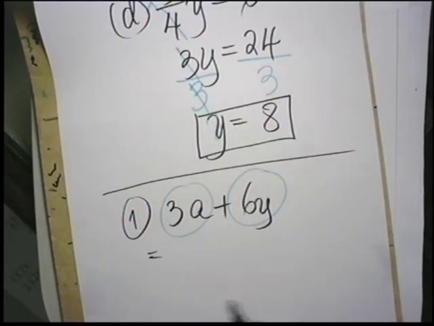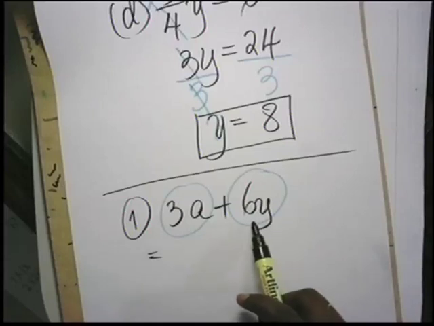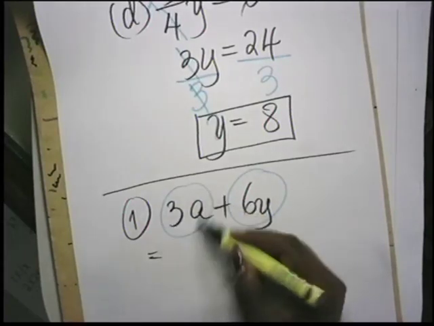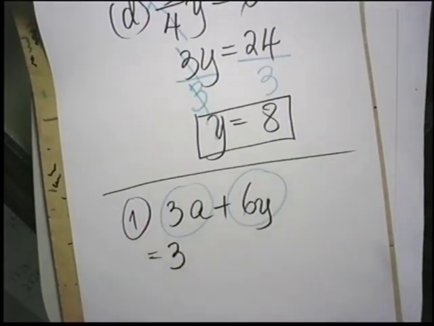Is it 2? 2 cannot divide into 3, but 2 can divide into 6. But we want the number that can divide into both numbers without a remainder. 3? Yes. 3 can divide into this term, 3 can also divide into this term, which means 3 is our common factor.